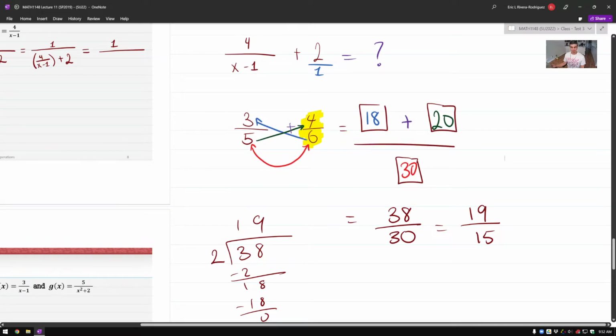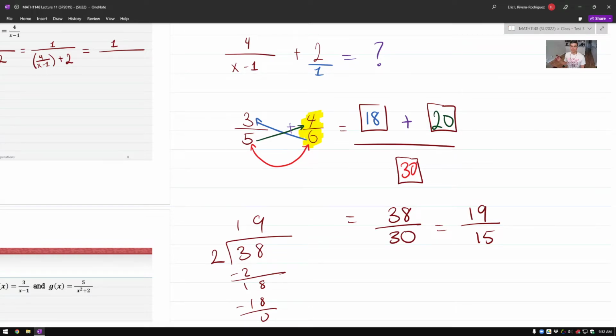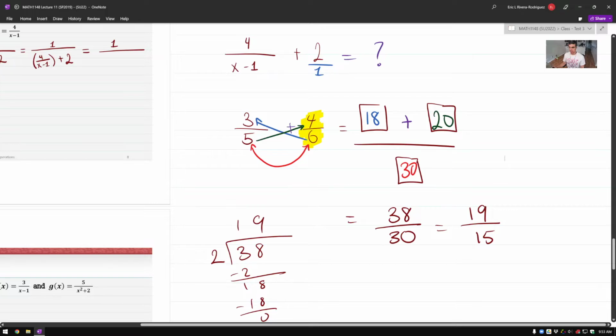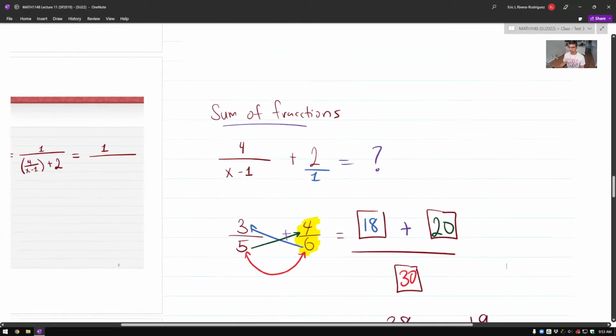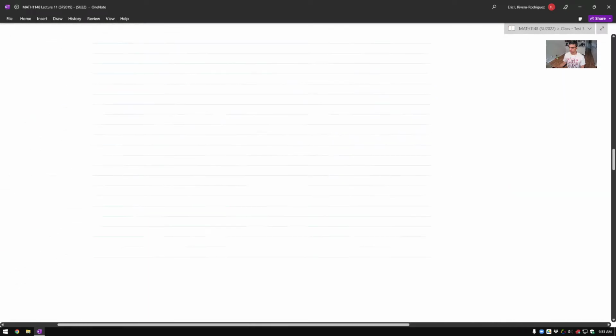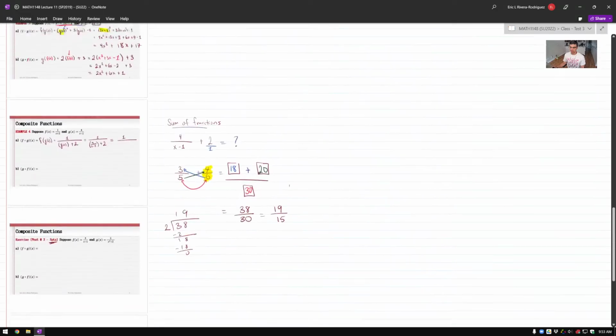So this is how I do sum or subtraction of fractions in my mind. What we do here is multiply together the two denominators, and then carry each denominator to the other numerator. We are going to do the same with this process.